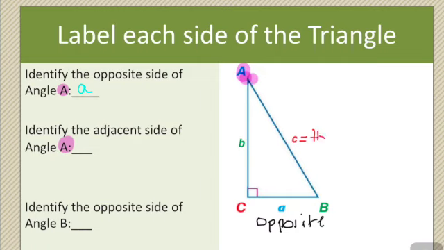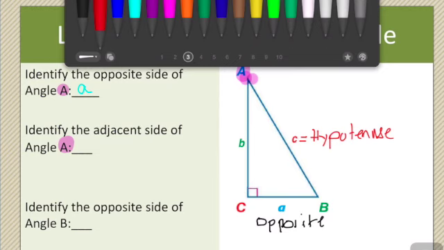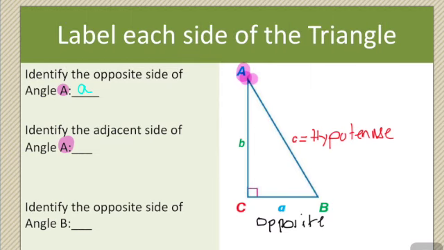So this is the hypotenuse. That means the remaining side has to be the adjacent side. So side B is my adjacent. Now that's if I'm looking from angle A.